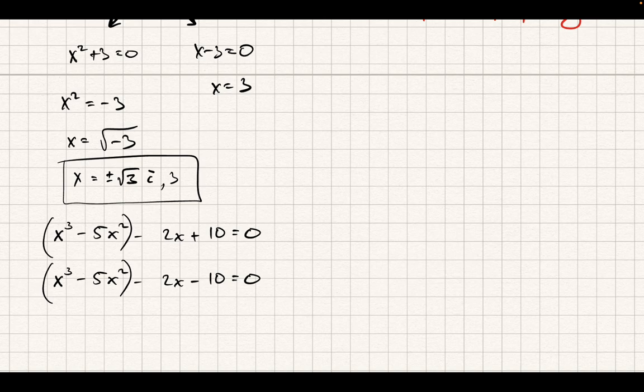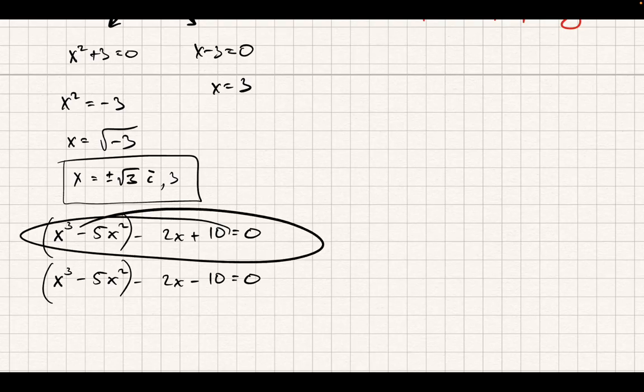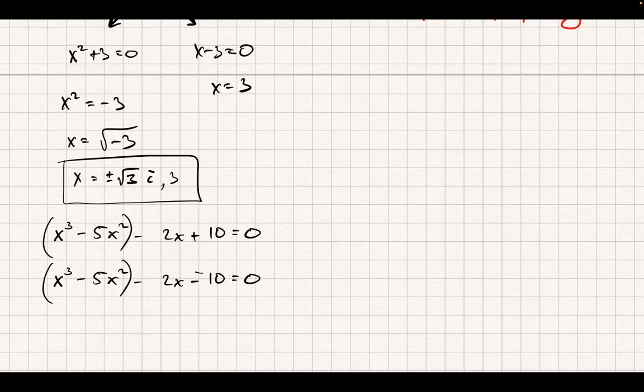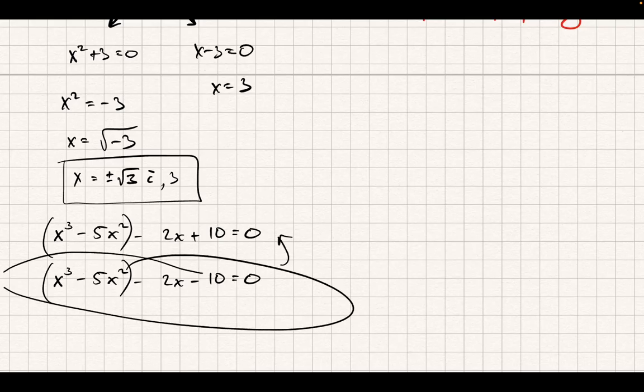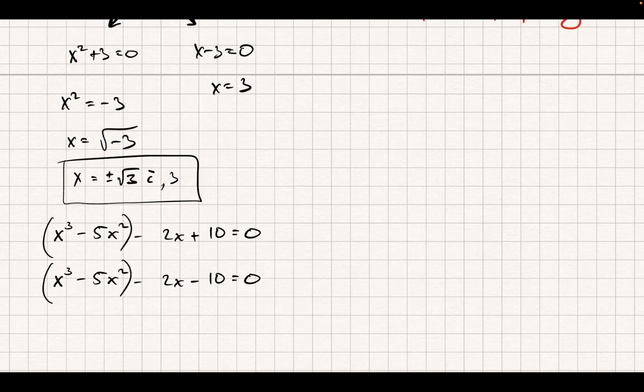You tell me. I'm writing whatever you tell me. Whatever I write here, it's got to be equivalent to what I started with. So what do I need to write? Minus parentheses 2x minus 10. Does that give us back what we had? Yes, minus 2x and then plus 10, yes. So that's properly grouped.